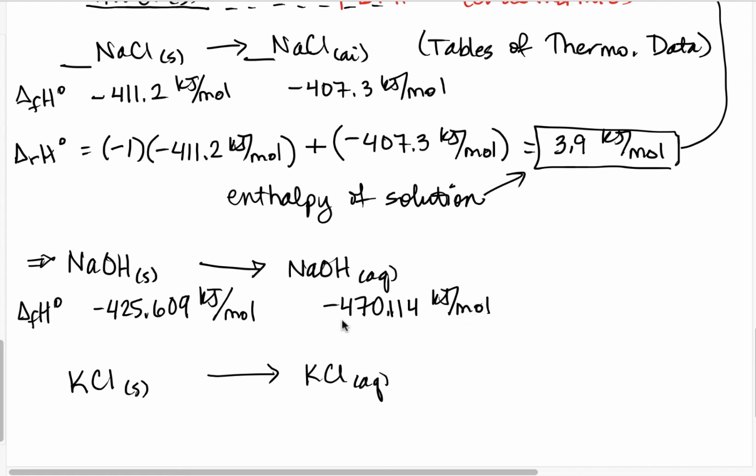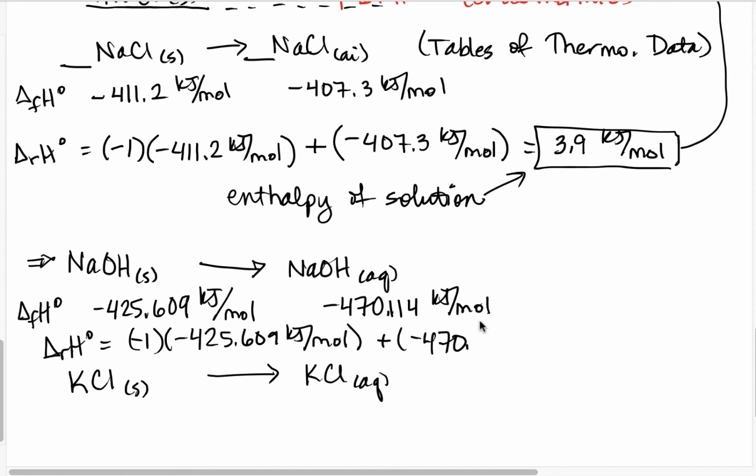Can you see where this is going? So for our enthalpy of reaction here, our reactant gets that -1, and our product gets a +1 multiplied by their formation enthalpies. So this one I get minus 44.505 kilojoules per mole.